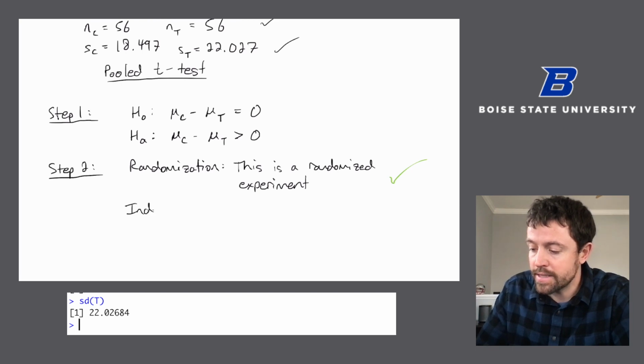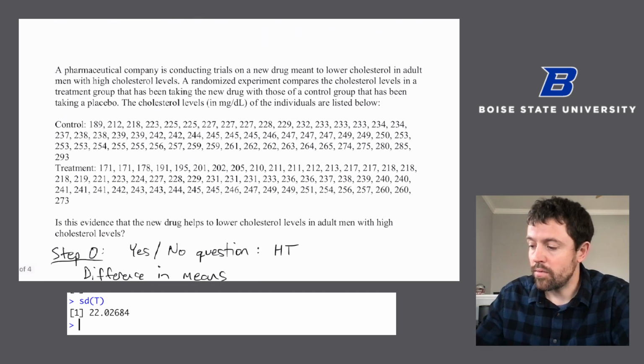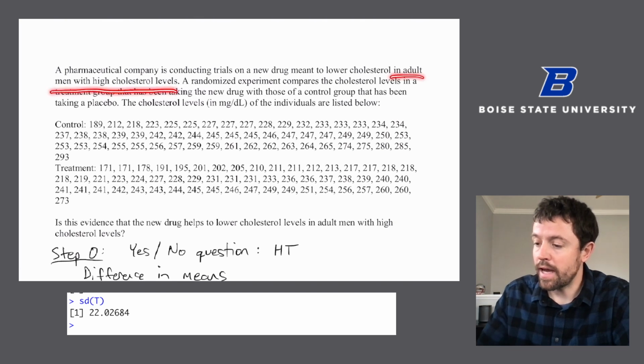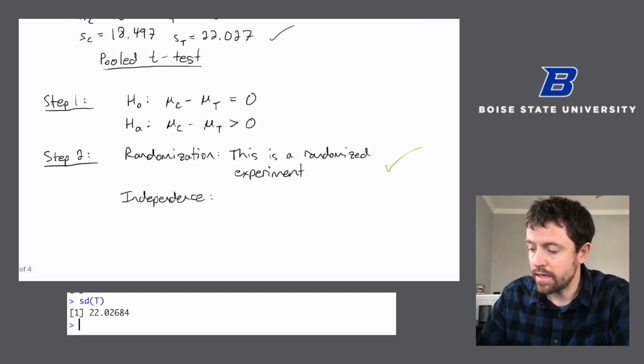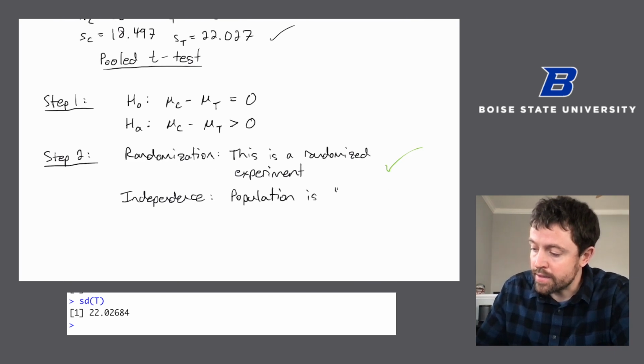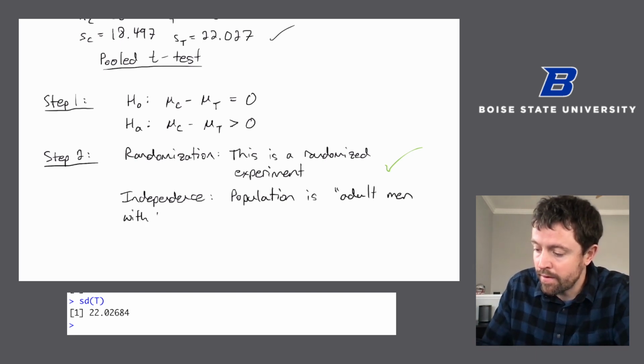We have our independence condition. So what's our population? Well, this drug is meant to lower cholesterol in adult men with high cholesterol levels. So that's the population that they should be studying if that's what the drug is intended to be used on. So the population is adult men with high cholesterol levels.